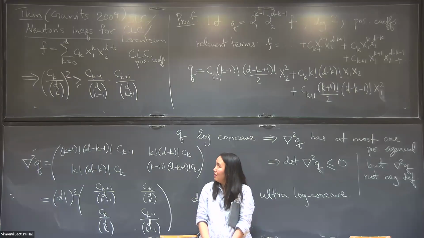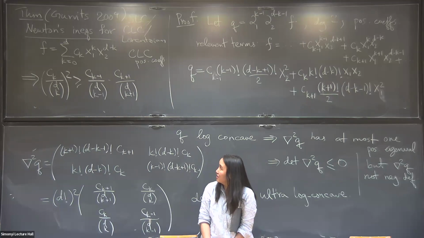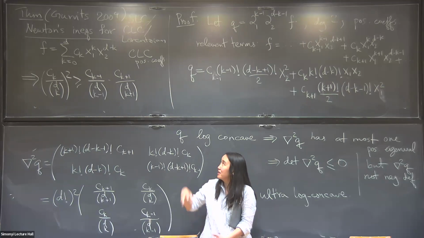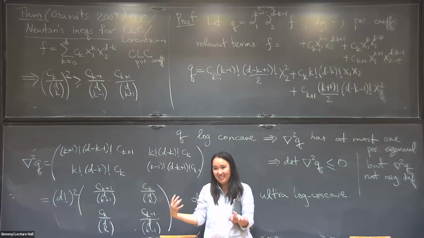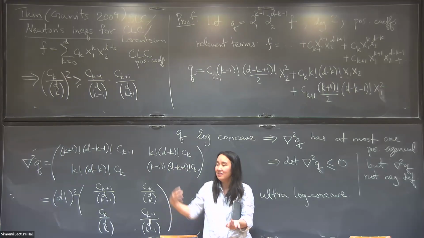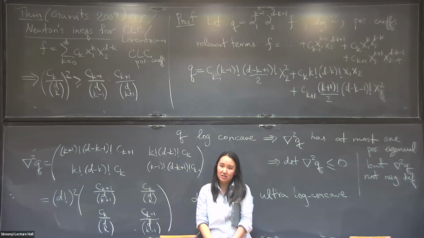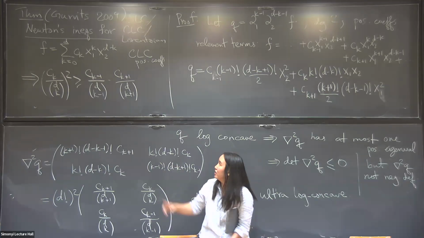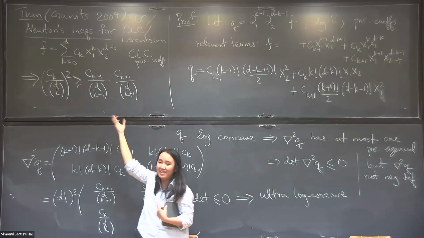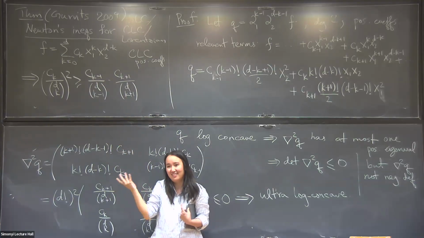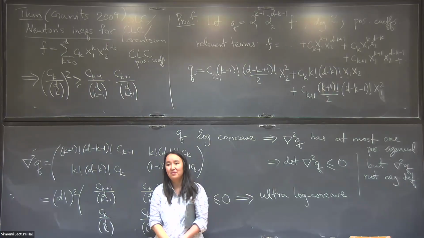So this will follow from the fact that, I don't know in what detail I'll discuss, but the result is that the independent set generating function of a matroid is Lorentzian. So if I look at this polynomial where c_k is I_k, that is Lorentzian. That's a theorem.